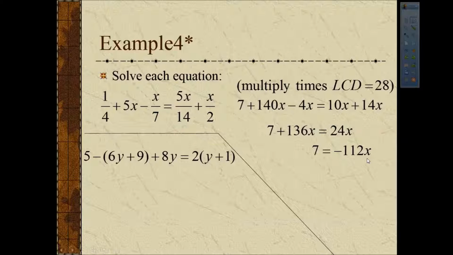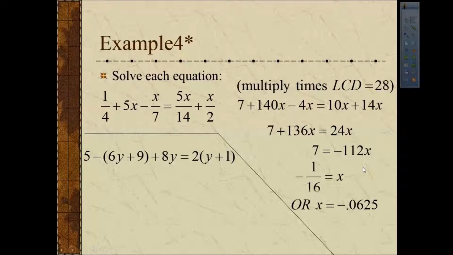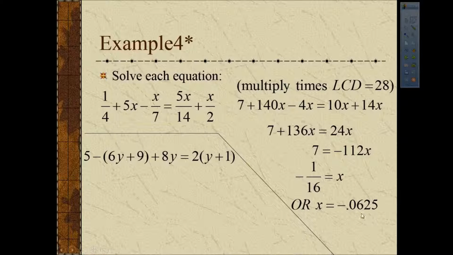Finally, divide both sides by negative 112. 7 over negative 112 actually reduces to negative 1/16, or in a decimal form, negative 0.0625. So that's the way we're going to deal with fractions. We want to multiply times the LCD. If you perform this operation correctly, you should wind up with no fractions in your new equation.